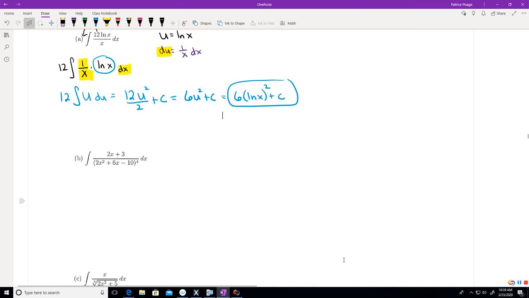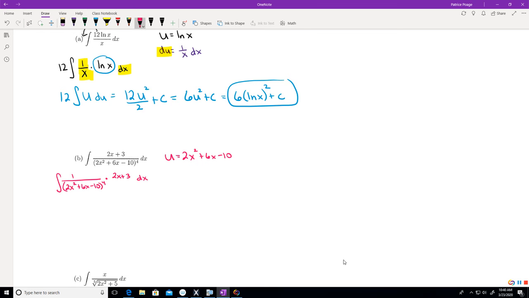2 more like that, and then we kind of take a shift. So here we're going to have our u equals 2x squared plus 6x minus 10. I'm going to separate numerator denominator. So 1 over 2x squared plus 6x minus 10 times 2x plus 3 dx.